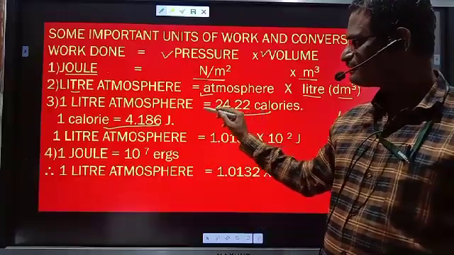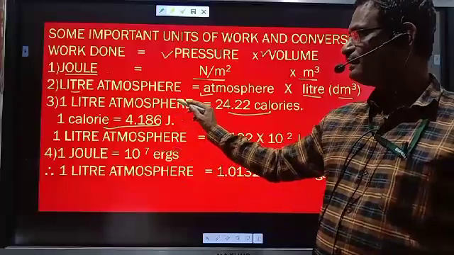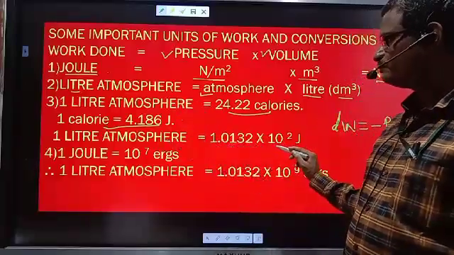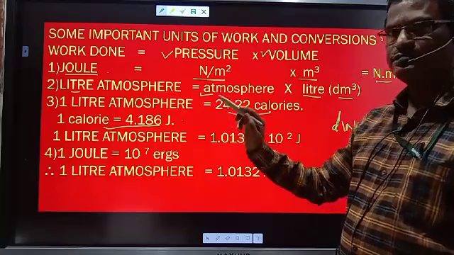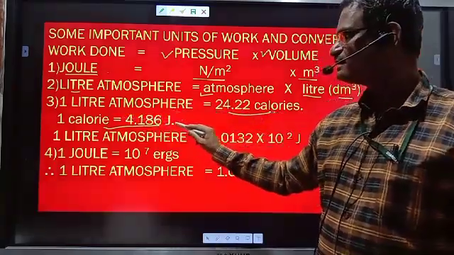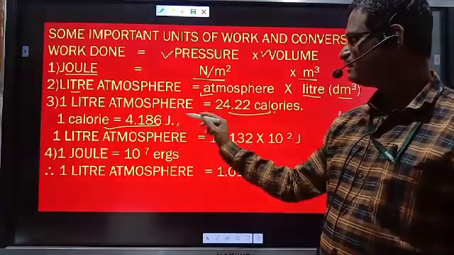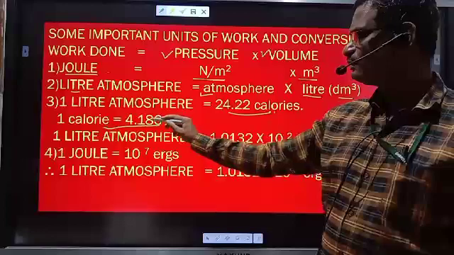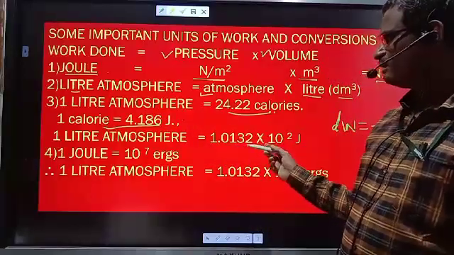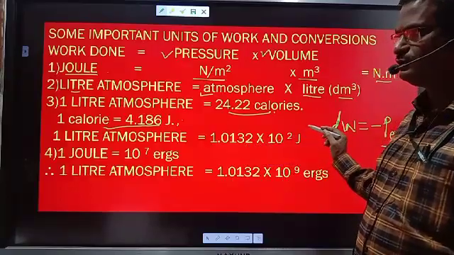If you know these two factors, you can convert 1 liter atmosphere directly to joule. By cross multiplication, 24 into 4, almost 100, 1 liter atmosphere is 1.0132 into 10 raised to 2 joule.